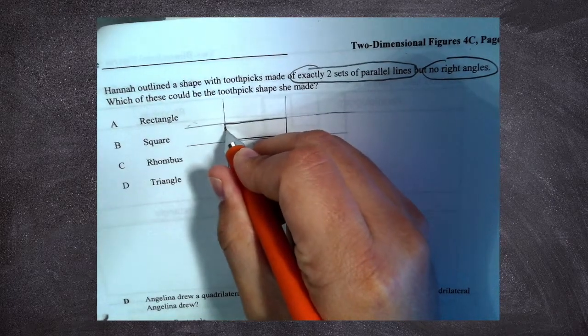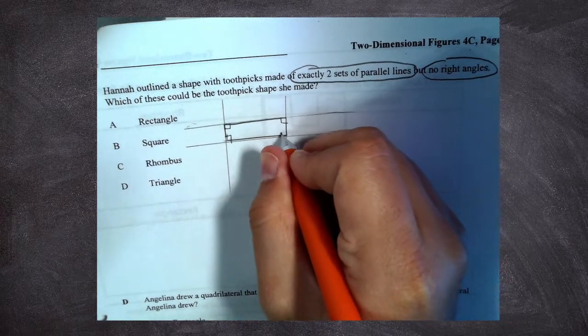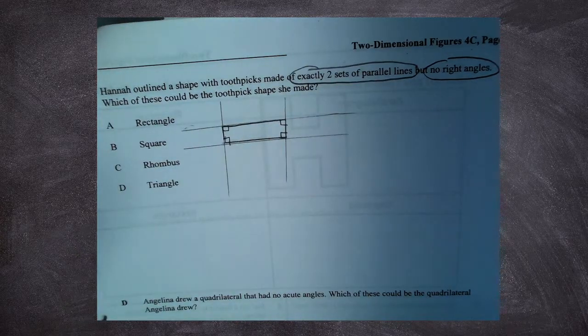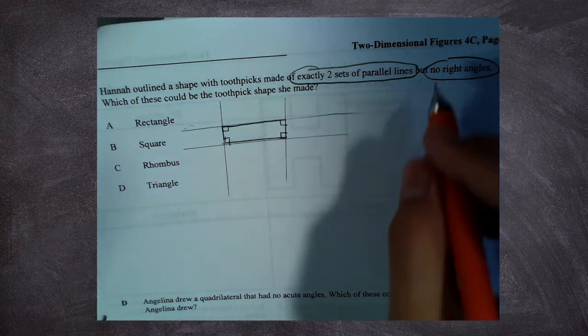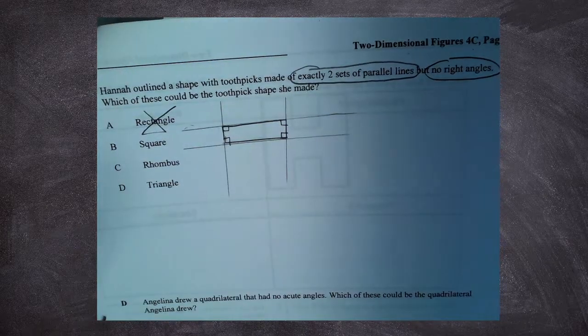In a rectangle, all I have are right angles. That is the only kind of angle a rectangle has. So if this says no right angles, it can't be a rectangle.